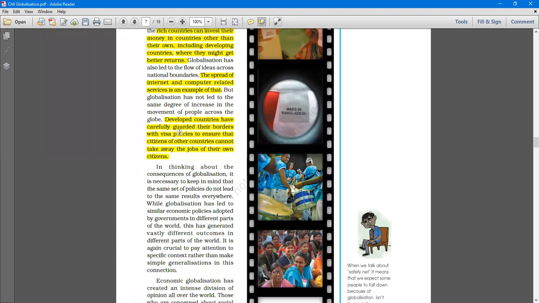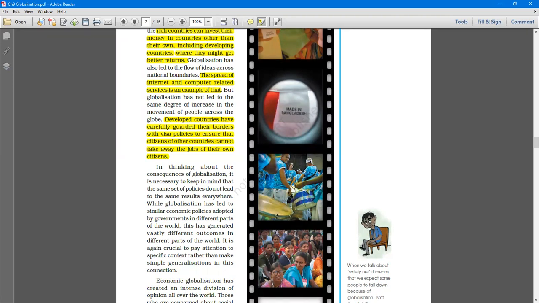These days, many laws have been made in these developed countries mainly. These countries have carefully guarded their borders with visa policies to ensure that citizens of other countries cannot take away the jobs of their own citizens. Now, it's not only in America, but also in many European countries, because of mass movement of the people from the developing countries to the developed countries.